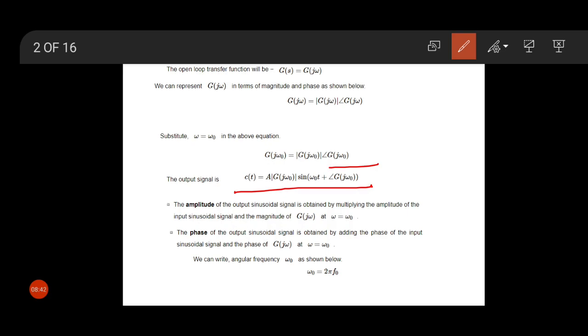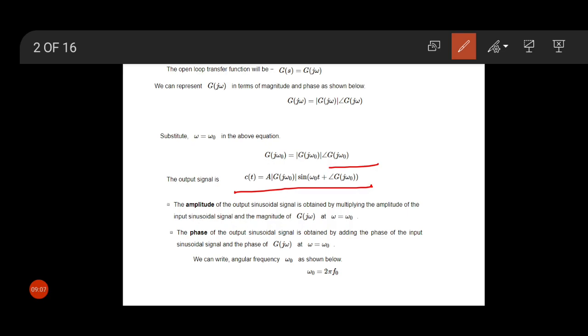In this output signal, omega is not going to vary, the frequency of the signal does not vary. That means we get the same signal with increasing or decreasing amplitude and a change in phase.